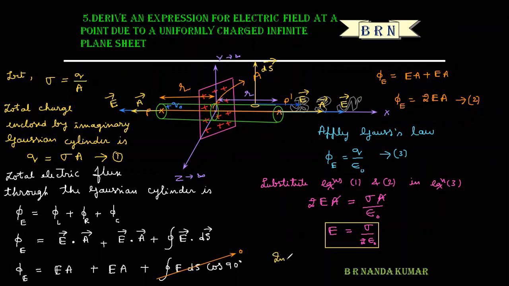So in vector form, this equation can be written as E vector equals sigma divided by 2 epsilon naught into n cap, where n cap is a unit vector directed away from the uniformly charged plane sheet.